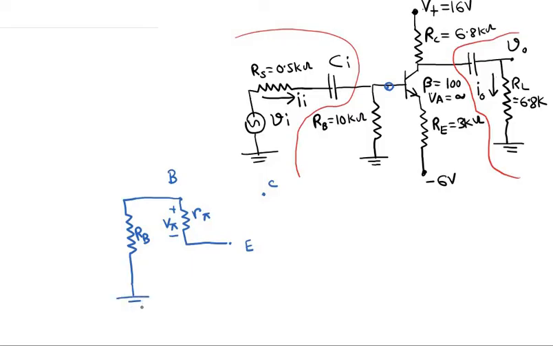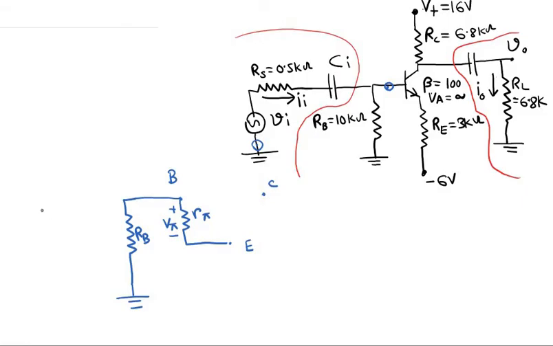and then between the base and the ground over here, the series combination of this voltage source Vi and this source resistance Rs is also present. We will neglect Ci because we are assuming that Ci is basically a short circuit at the AC frequency.